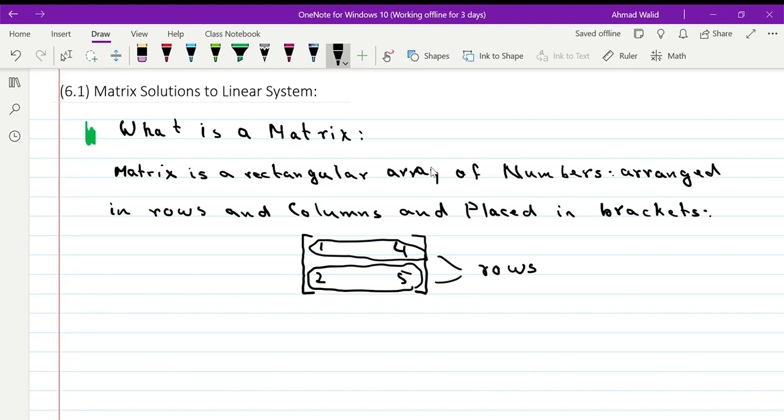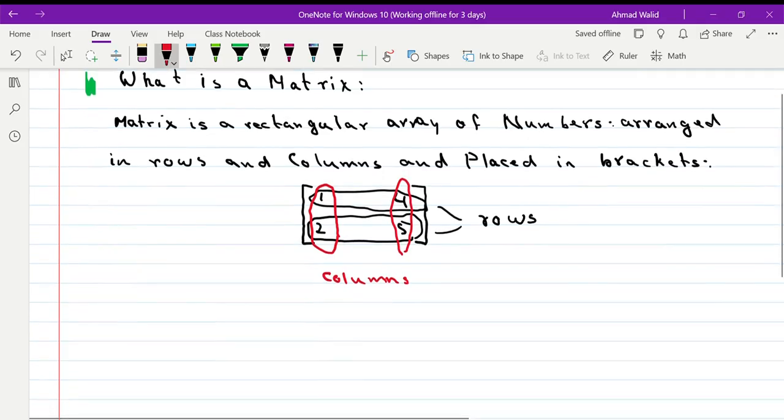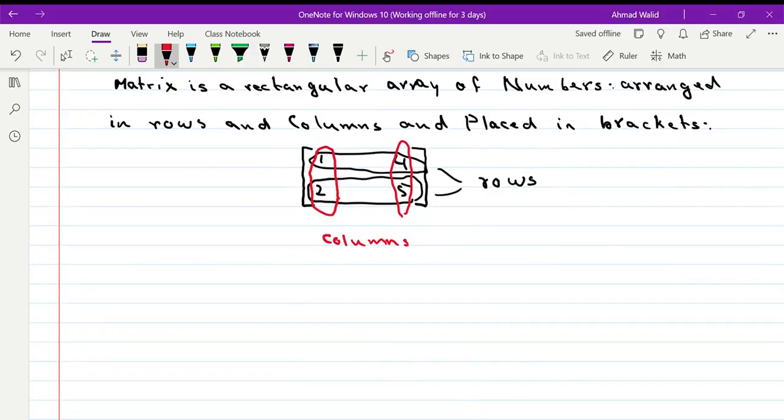Or if you go this way, a matrix has also columns. In general, this shape that I made here for you, we call it a matrix.